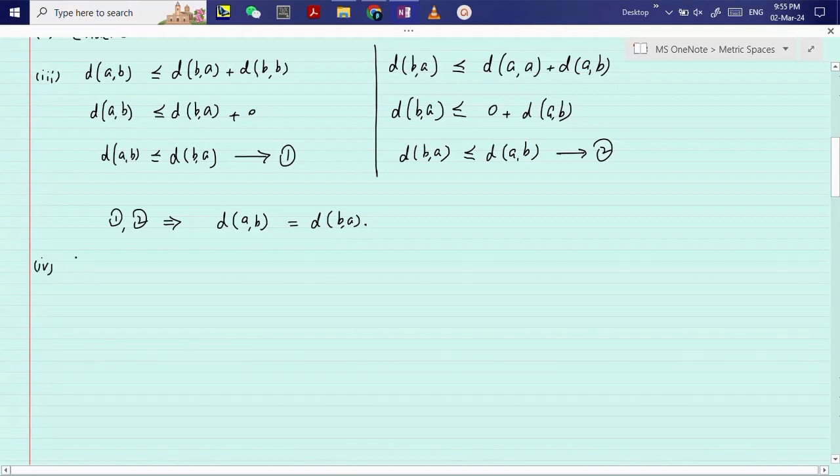Now for the triangle inequality, we prove the triangle inequality.